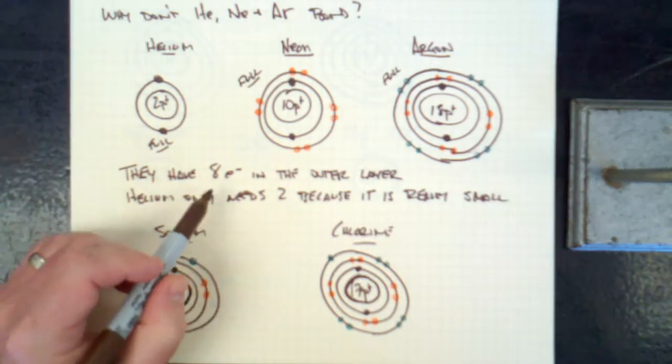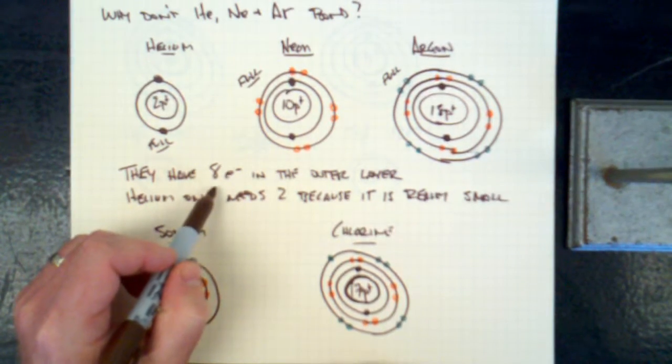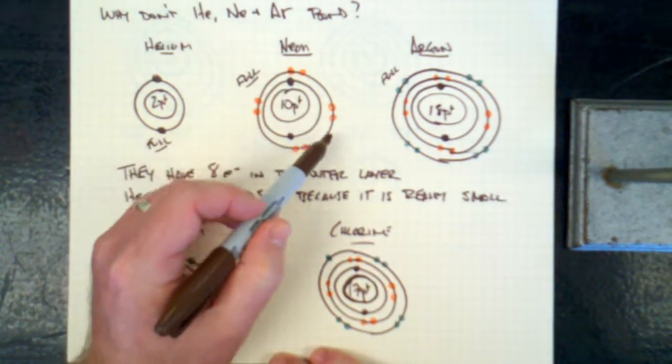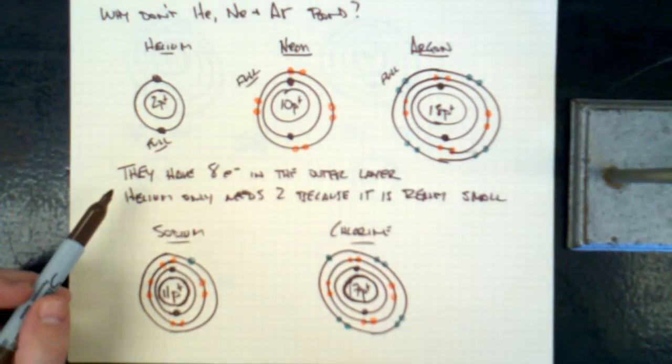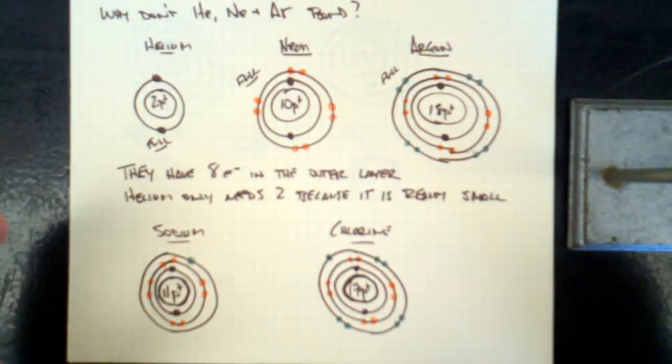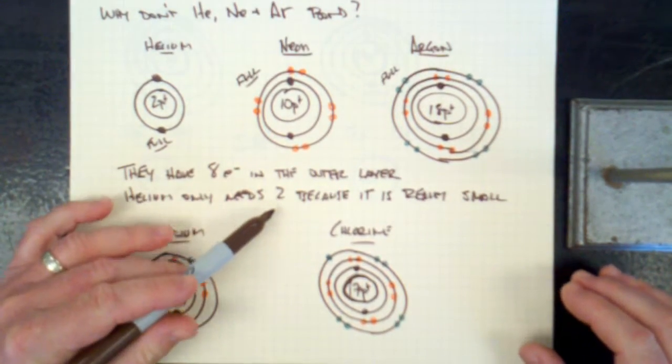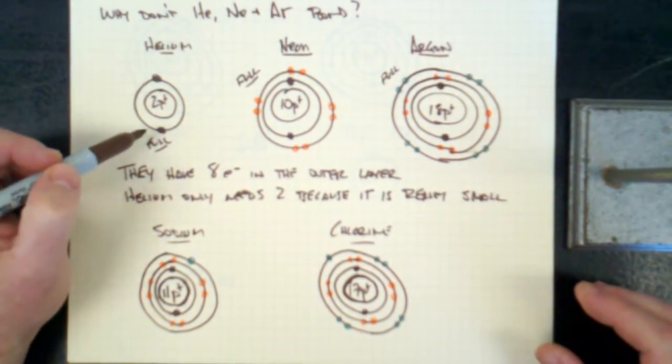Because they have 8 electrons in their outer layers, 1, 2, 3, 4, 5, 6, 7, 8, and 1, 2, 3, 4, 5, 6, 7, 8, they're full. Helium only needs 2 because it's really small.